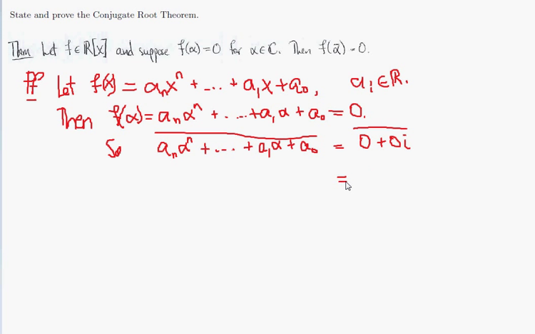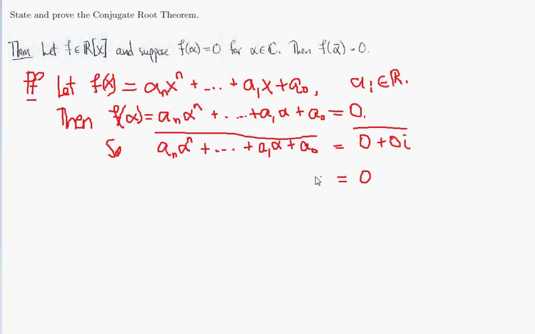Now, what's the conjugate of 0 plus 0i? The conjugate of 0 plus 0i is 0 minus 0i, and 0 minus 0i is simply 0. In other words, the conjugate of a real number, like 0, is simply the number itself.